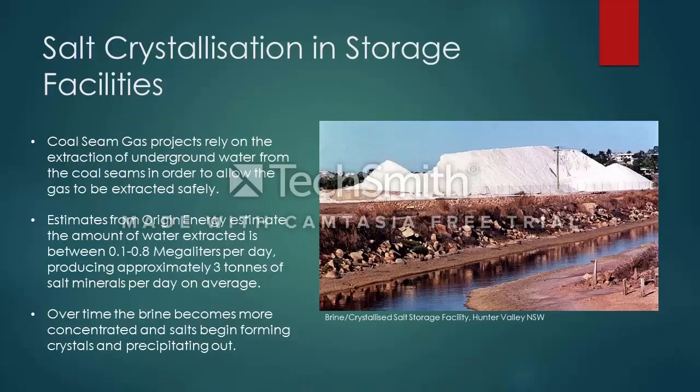Evaporation ponds are a common method of brine disposal and storage of the concentrate and are used throughout parts of the Surat Basin in the coal seam gas industry. However, the problems associated with this occur when the salt precipitation and build-up exceeds the capacity of these storage areas, meaning that there is the potential for uncontrolled interactions with the environment.